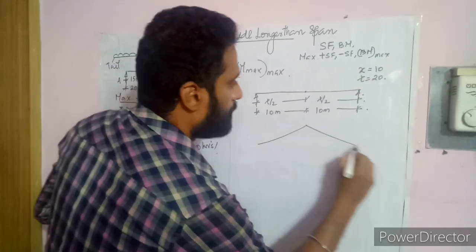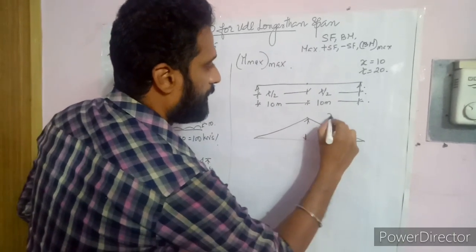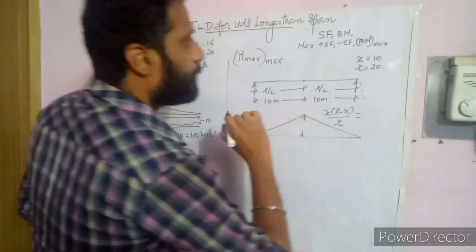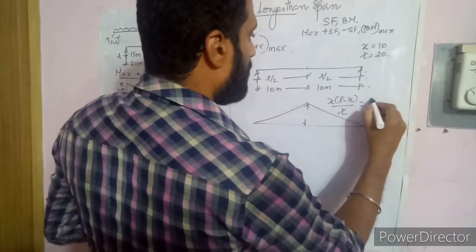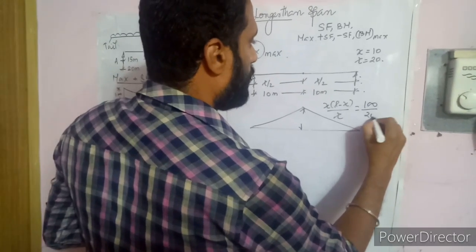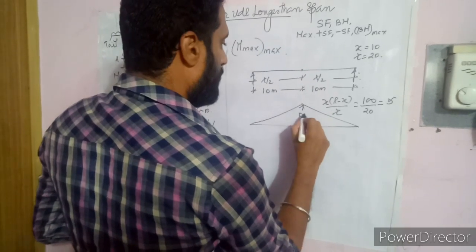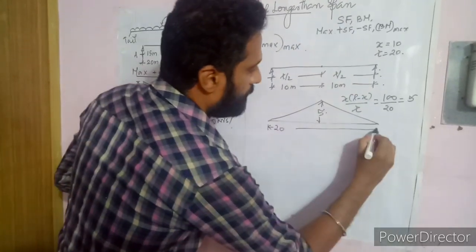The maximum ILD bending moment formula is X into L minus X by L, which is 10 into 20 minus 10, that is 10 times 10 divided by 20, which is 5. So the intensity is 5. Now we measure the area.